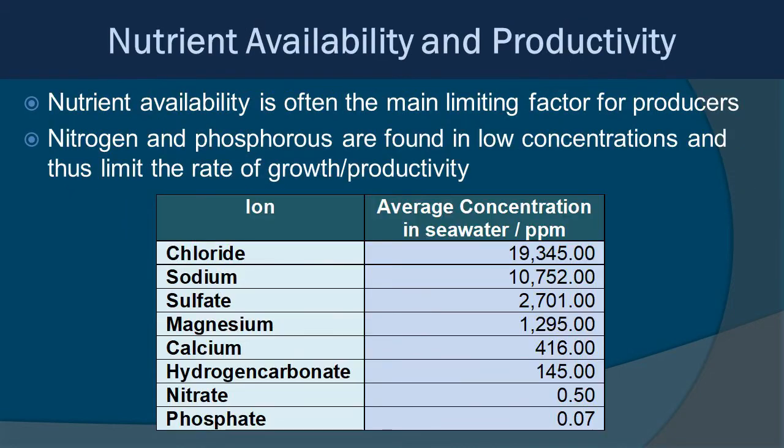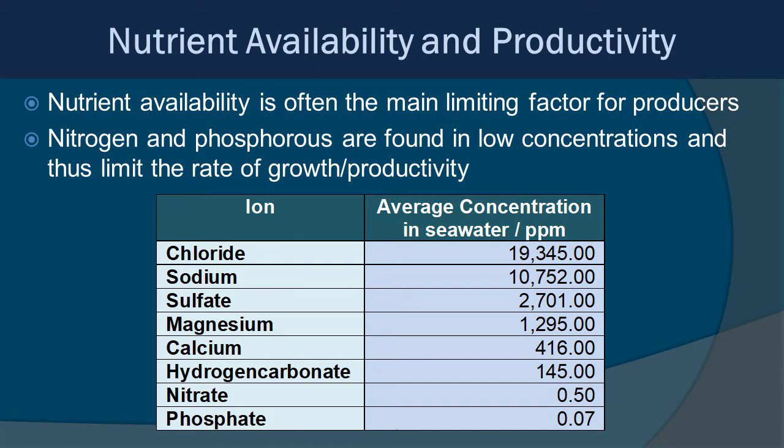This brings us to the idea of nutrient availability and productivity. Nutrient availability is often the main limiting factor for producers in the ocean. Nitrogen and phosphorus are found in very low concentrations and limit the growth of productivity. If you look at all of these different ions in the ocean, look where nitrate and phosphate fall.